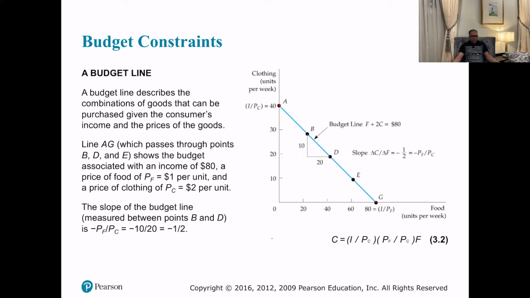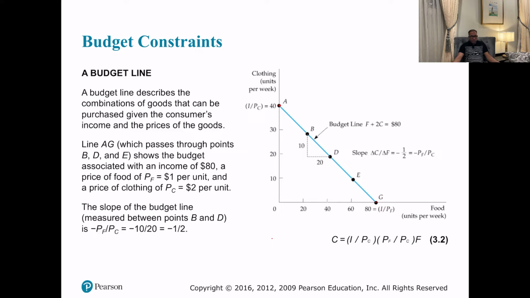Now we want to find the slope of the budget line, which is the slope between clothing and food. Food is plotted on the x-axis and clothing is plotted on the y-axis.